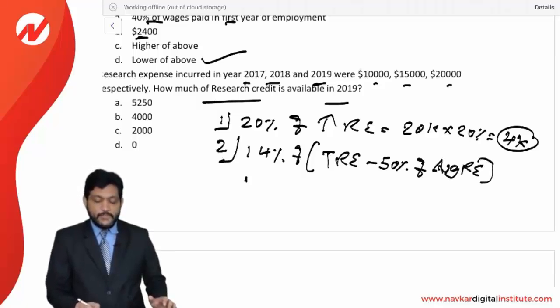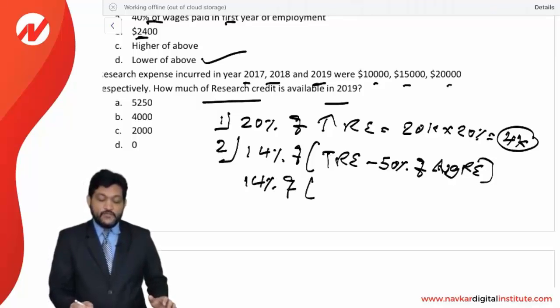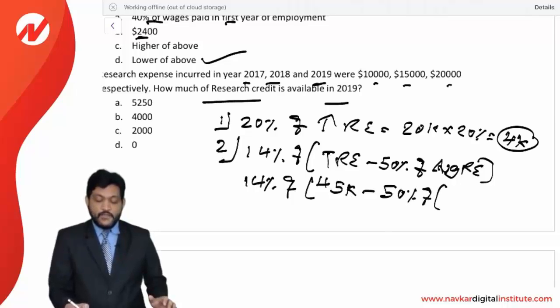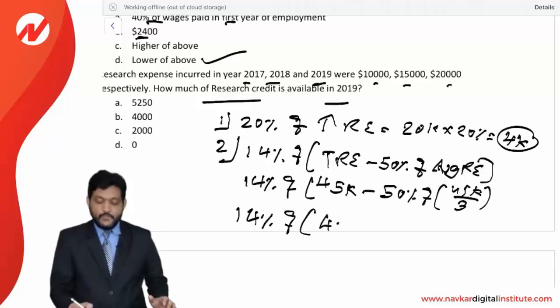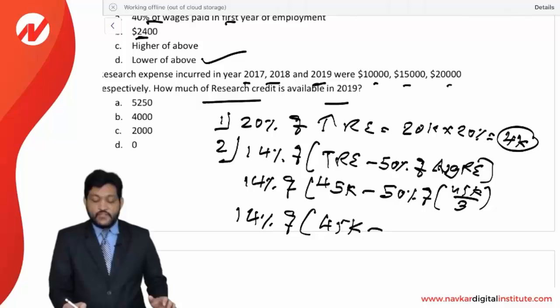Okay, so let's make it 14% of total research expense, which will be the total of all these three. It comes to 45,000, that is 10 plus 15 plus 20, less 50% of the average. Average means 45,000 divided by 3, which is 15,000, and 50% of 15,000 will be 7,500.